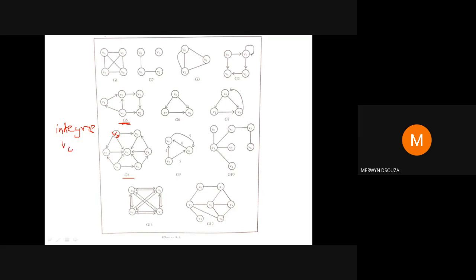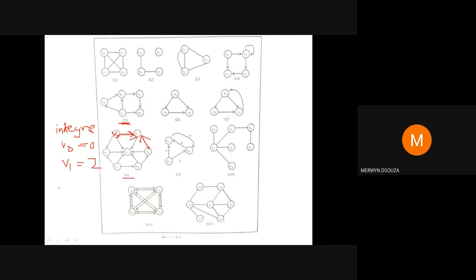No edges are entering V0. But if you are told to find the in degree of V1, here there is one edge entering V1. Any other edge which enters V1? No. You can say the in degree of V1 is 2.